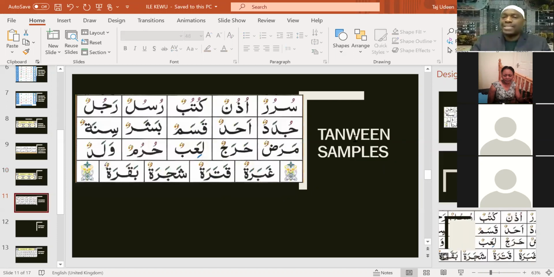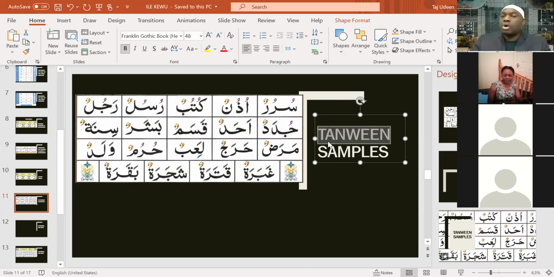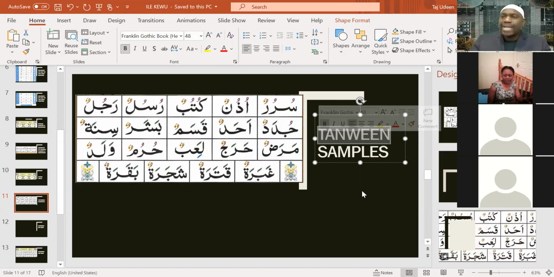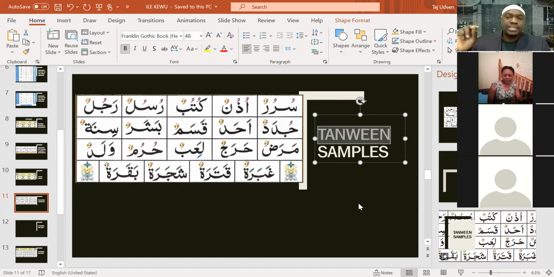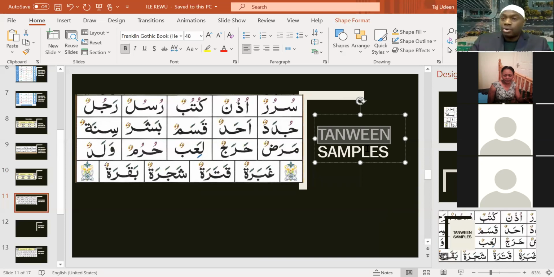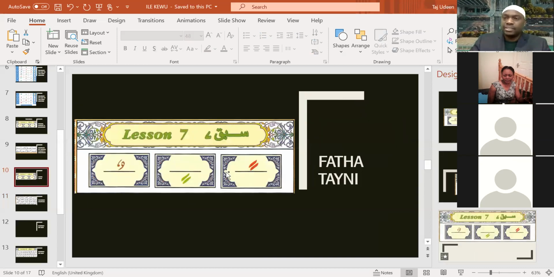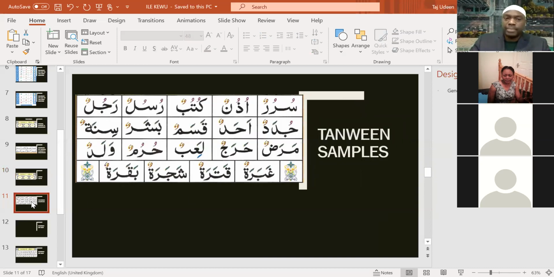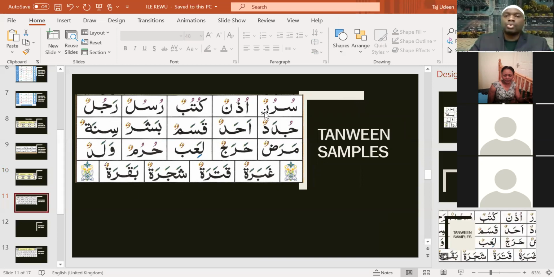Tanween means Fataha Taini, Kasra Taini, and Dhamma Taini. Just in case someone asks what you mean by Tanween, it means Fataha Taini, Kasra Taini, and Dhamma Taini. Please take note of this.